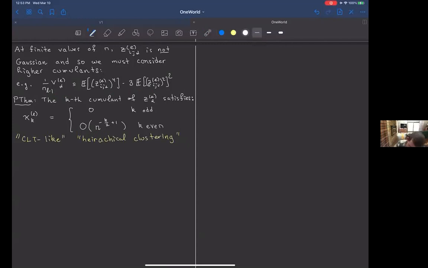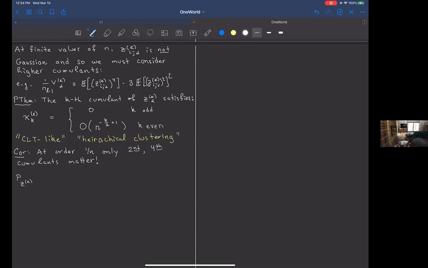But here's a corollary of this physicsy theorem. The corollary goes like this: at order 1 over n, only the second and fourth cumulants matter. This is an amplification of what I wrote before.